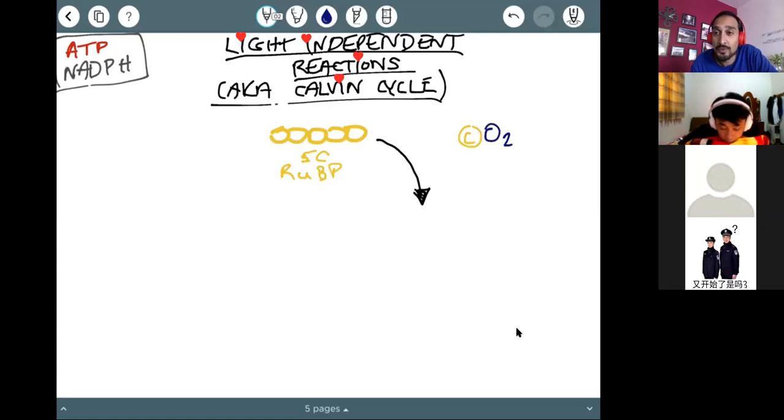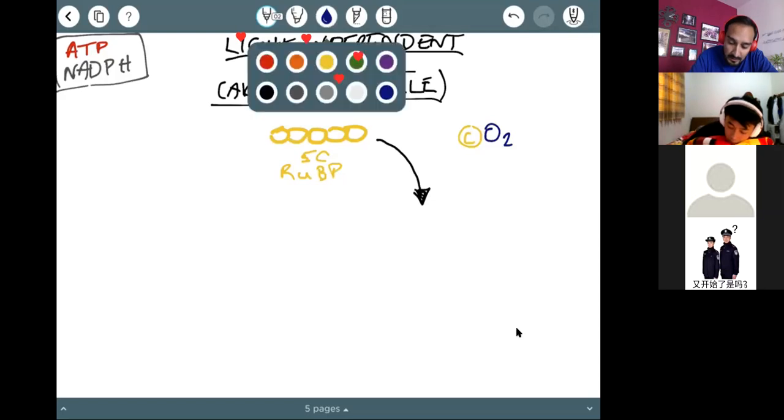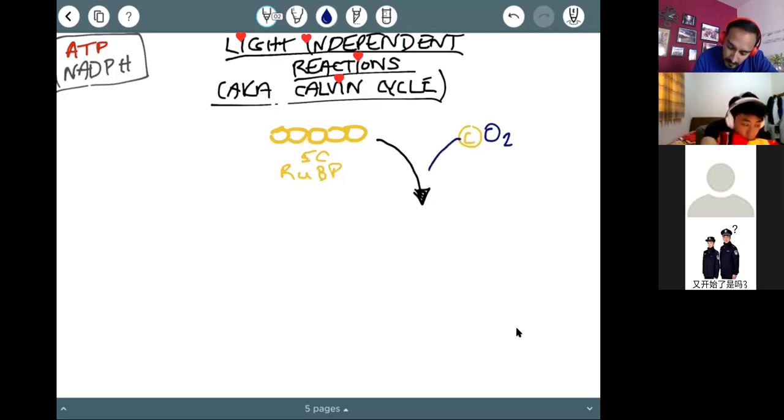Remember, CO2 plus H2O gives and so on. Here's where the CO2 that has entered the plant through the stomata and now has made its way into the chloroplast is going to incorporate into this RuBP molecule.